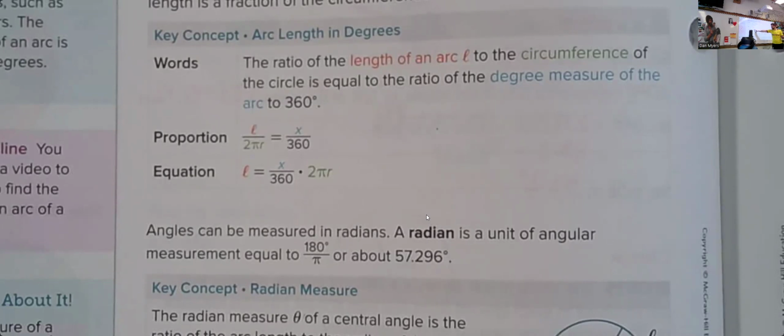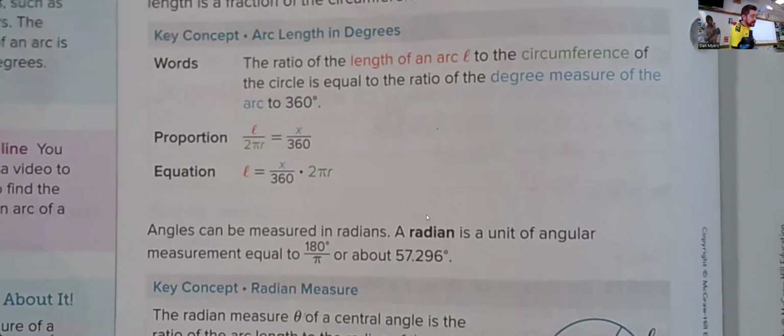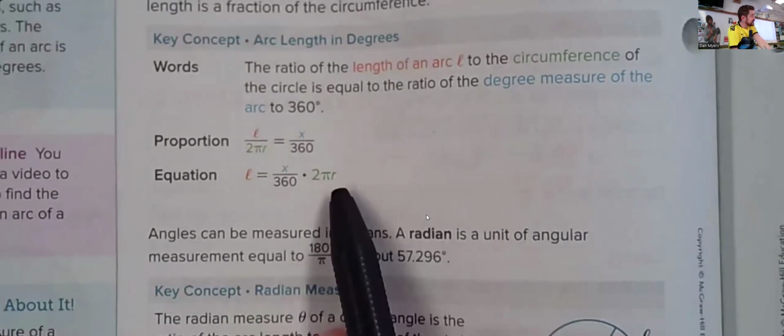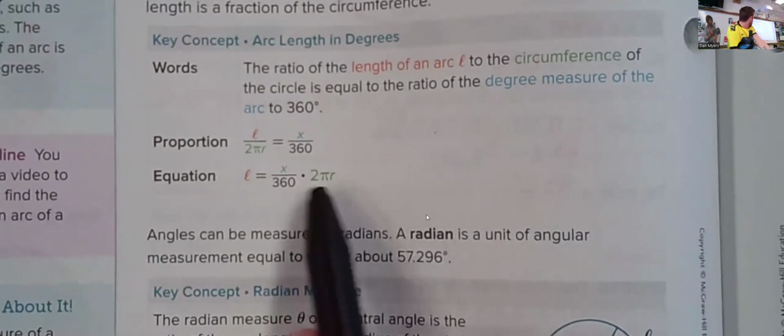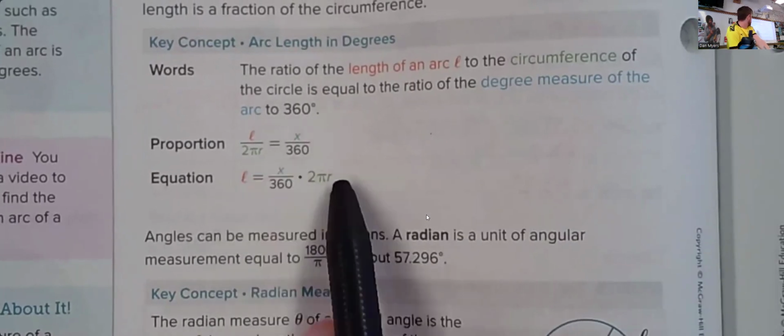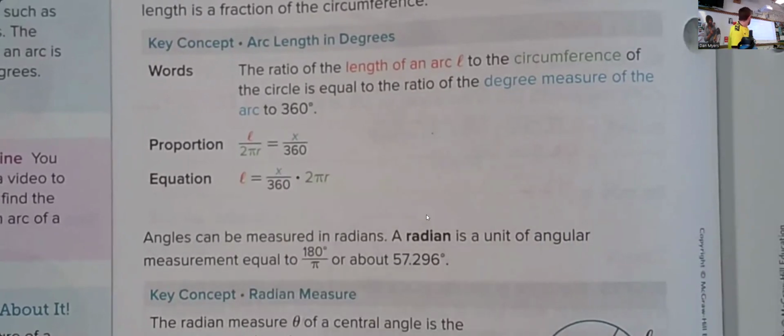So it'd be 10% of the circumference or 25% of the circumference. You're just talking about different fractions of the distance around a particular circle. The only things you need to solve this are a radius, r, and an angle measurement, x. You plug those two in, and you can get your answer.